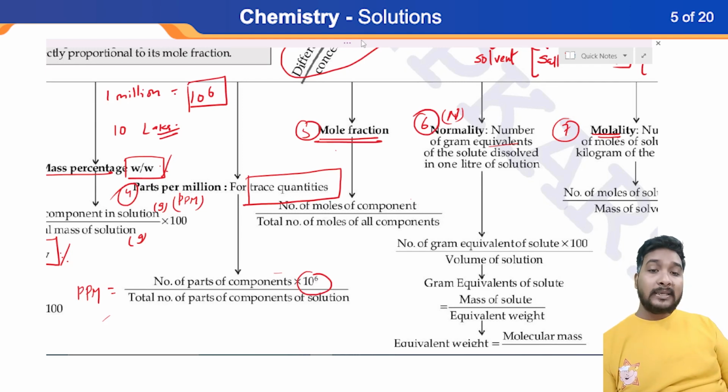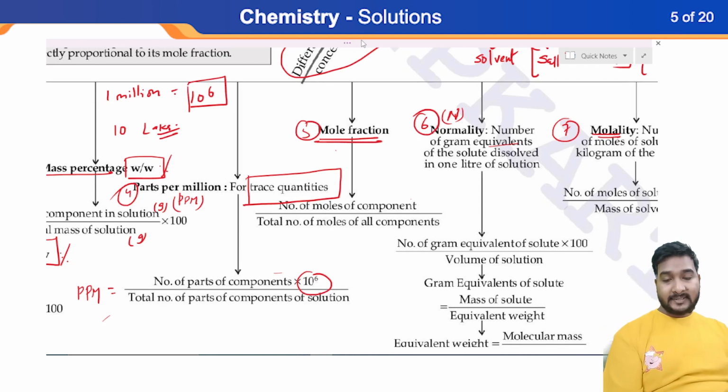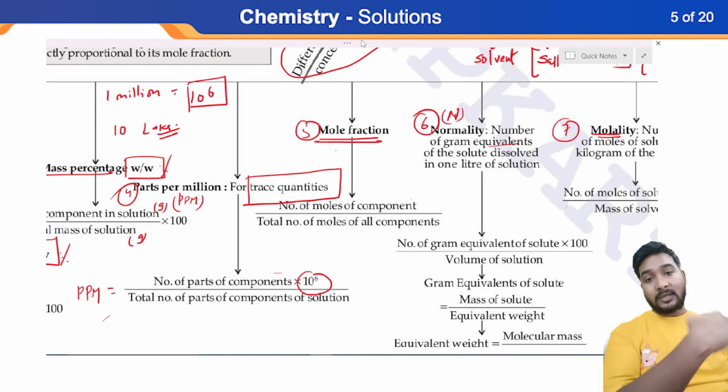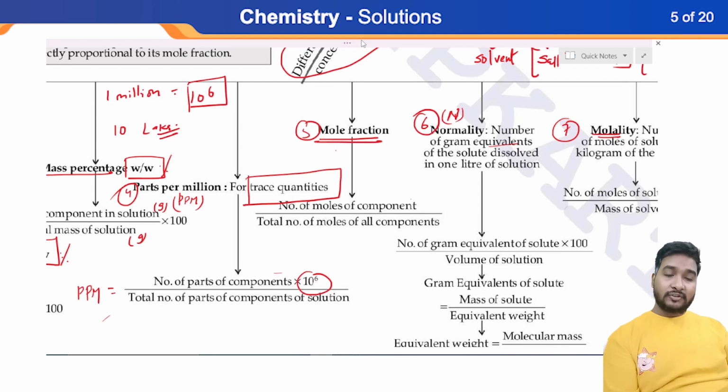So how many solutes we have mixed in the solvent is called moles of different components, or we can say parts of different components. In mole fraction we take the ratio of moles of solute, or one component, to the total moles of all the components.